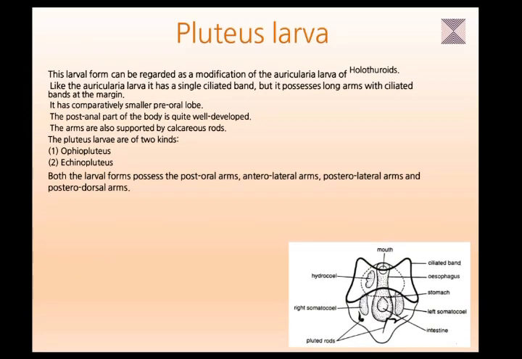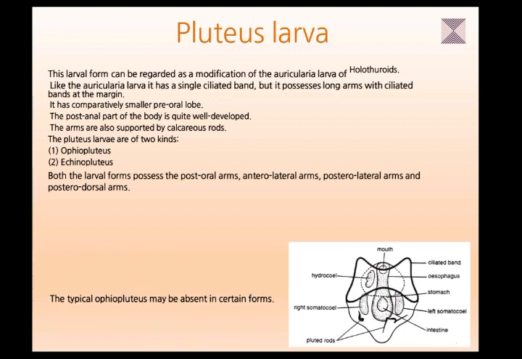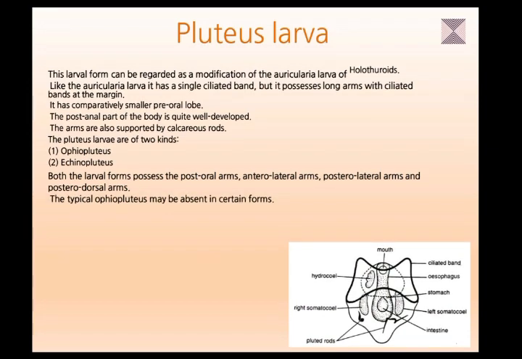Now both the larval forms possess the post-oral arms, the anterolateral arms, posterolateral arms, and posterodorsal arms. So there are four types of arms which are present in both the Echinopluteus and the Ophiopluteus type of larvae. The typical Echinopluteus may be absent in certain forms of the echinoderms.